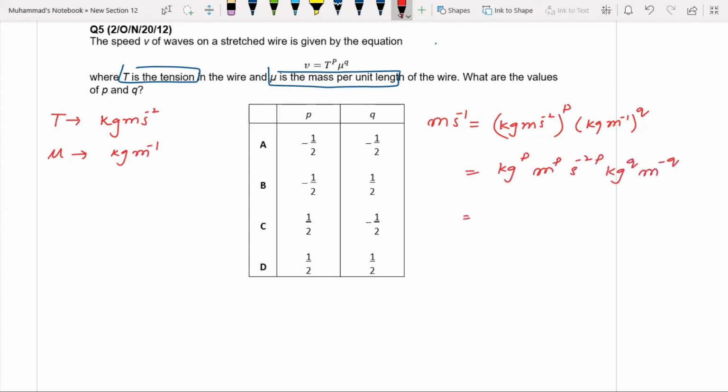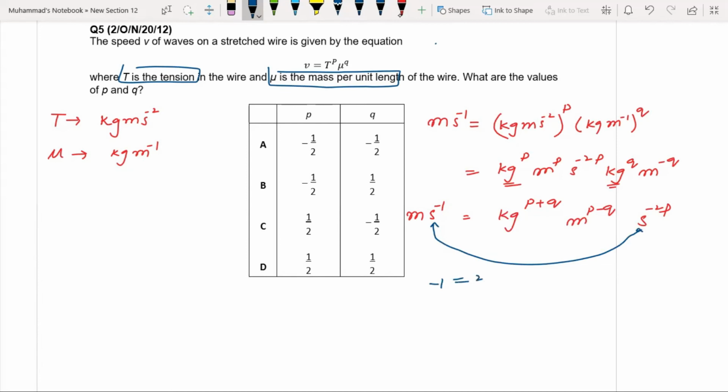Okay, so now simplify them: kg p plus q powers will add up, and m p minus q and s power minus 2p, and on the left hand side you have m s minus 1. First, the good idea is you can compare power of s to get value of p, that is minus 1 equal to minus 2p, so p is half.